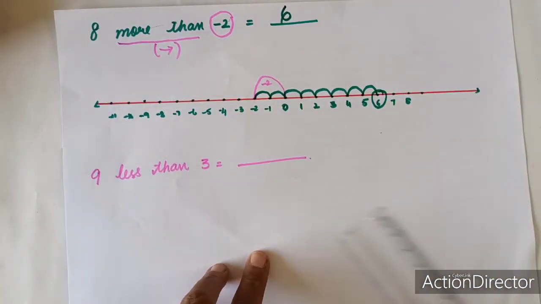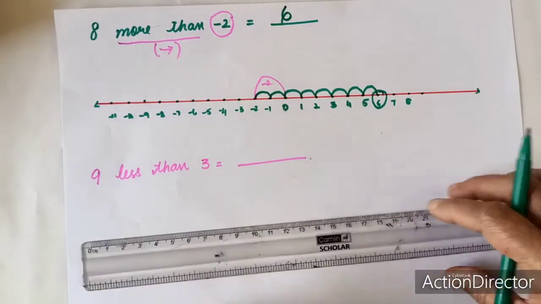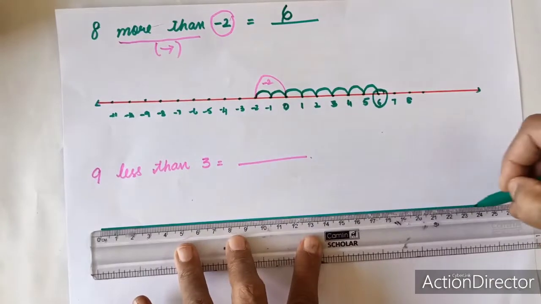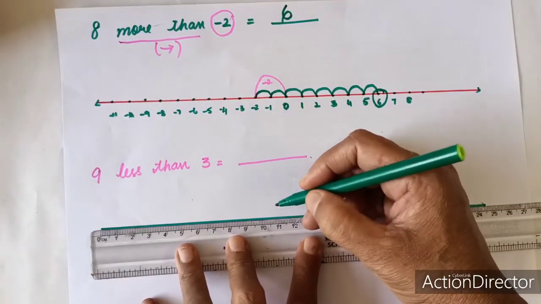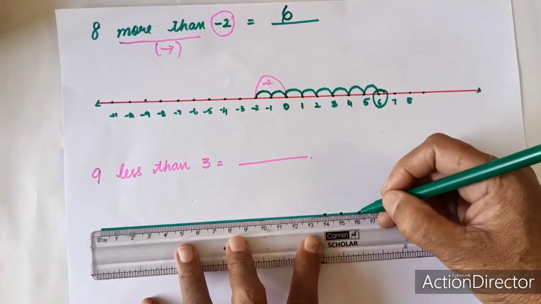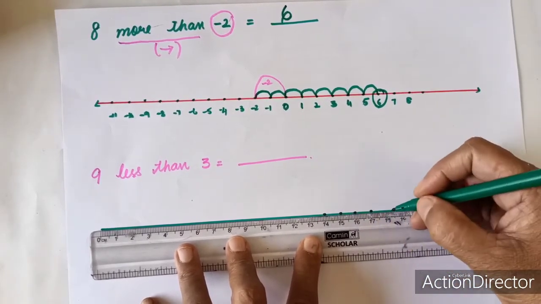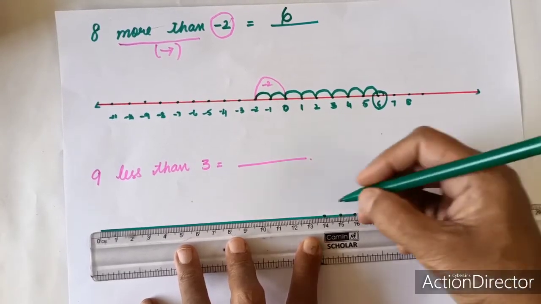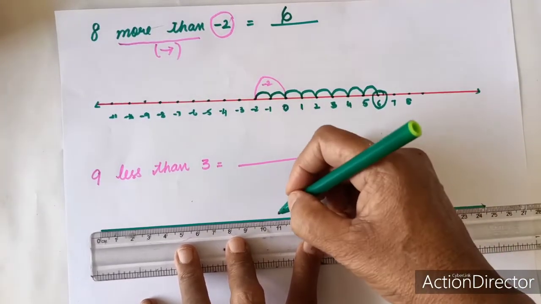Now, next sum, 9 less than 3. First, always you should make a number line. Make a number line using a scale. Take equal units of 1 unit, so that it will be easy for you to mark the numbers on the number line.